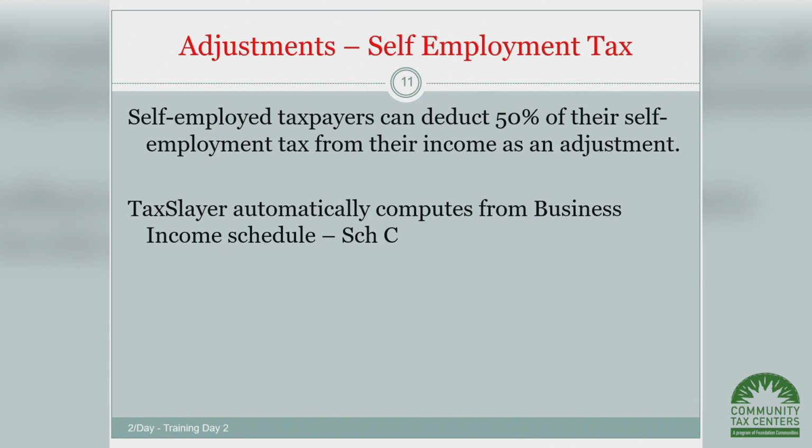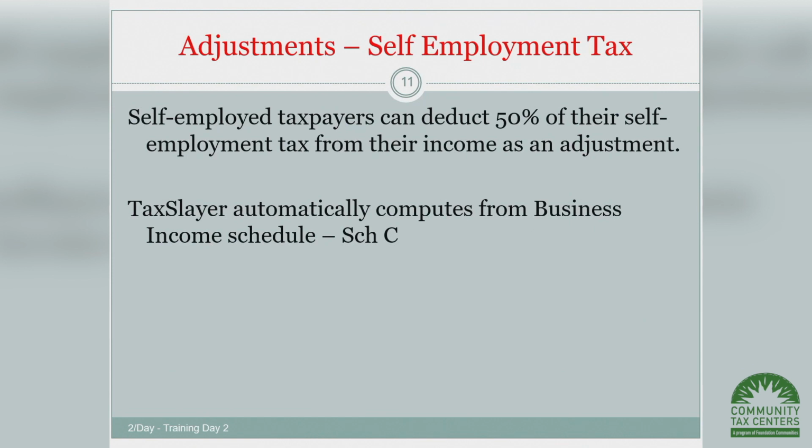Another adjustment that we'll talk about is the self-employment tax. You can deduct up to 50% of your self-employment tax from your income as an adjustment. But you don't have to worry about this. TaxSlayer will automatically take care of that as it computes your Schedule C. And the good thing about TaxSlayer and the program is it does a lot of the work for you. If a certain situation applies, then TaxSlayer recognizes that and will go ahead and compute it.